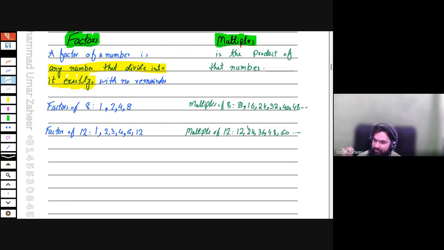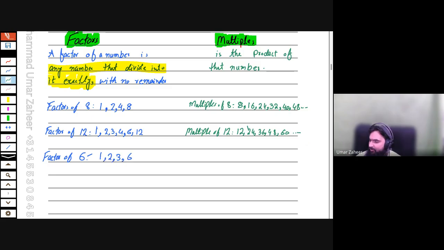All right. Let's take another number. We have to find the factors of 6. The factors of 6 will be 1, 2, 3, and 6 itself.